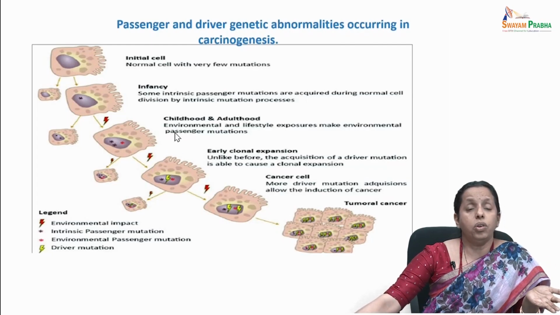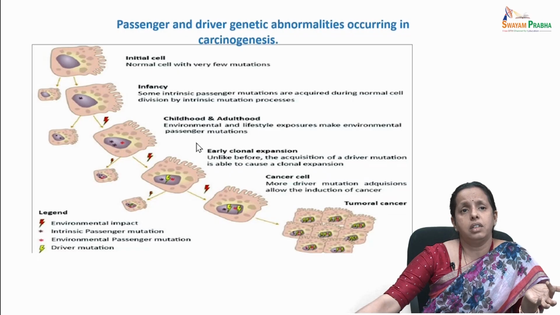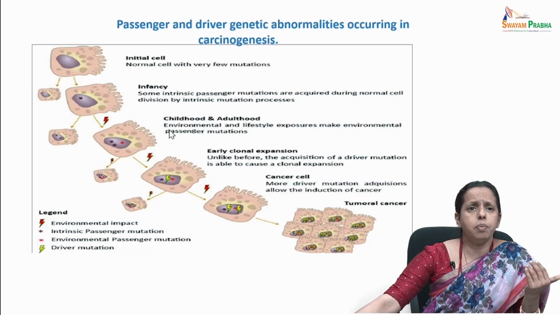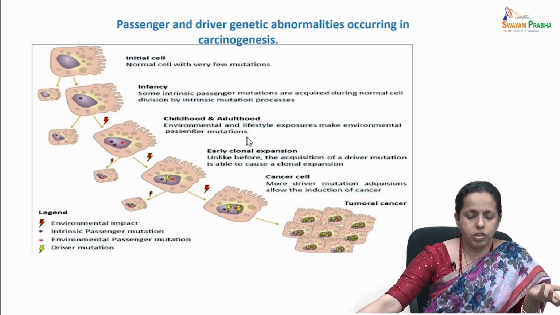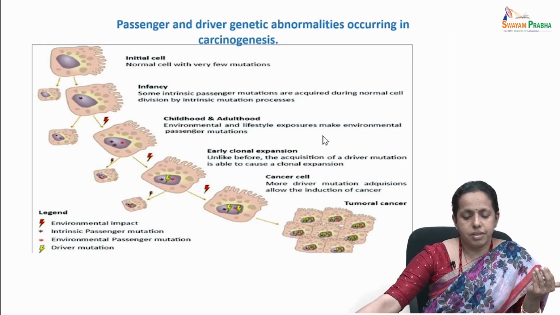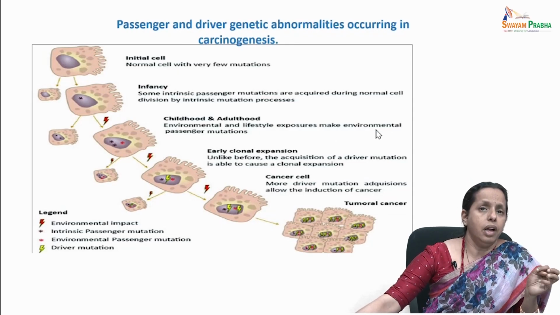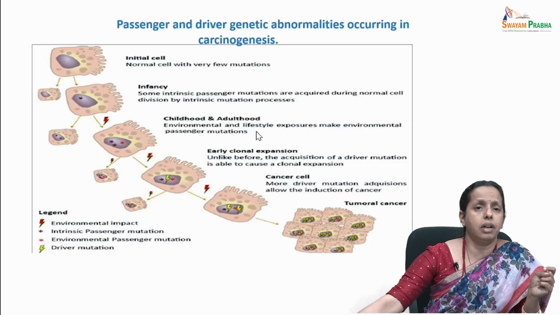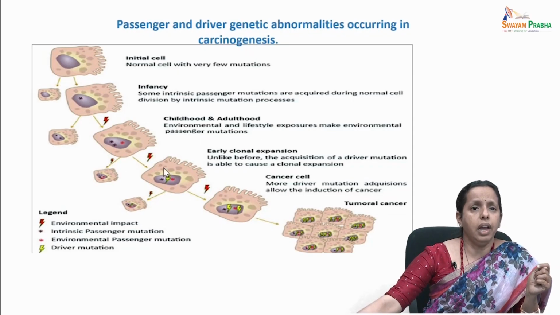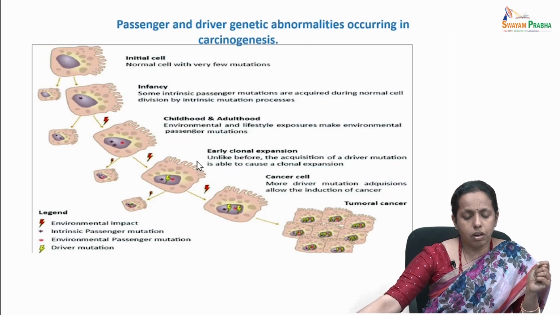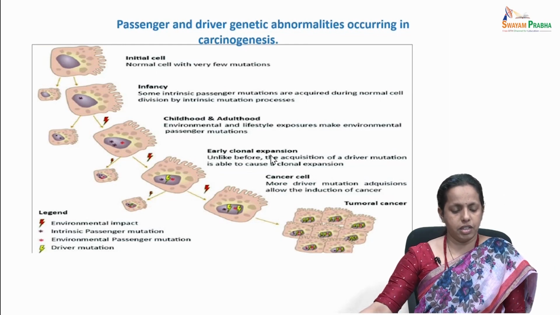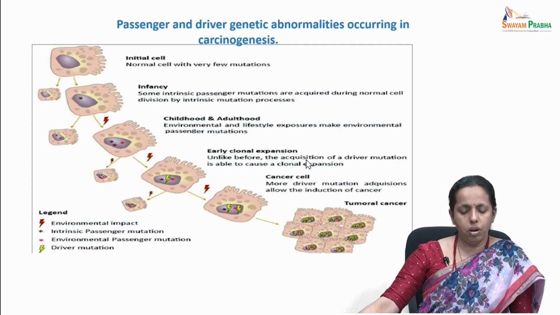Then, however, during childhood and adulthood, you will have several environmental exposures, for example, pollution or sometimes lifestyle exposures, like, as I said, the asbestos workers, which make these passenger mutations. Then slowly you even have some driver mutations which will cause early clonal expansions, unlike before.